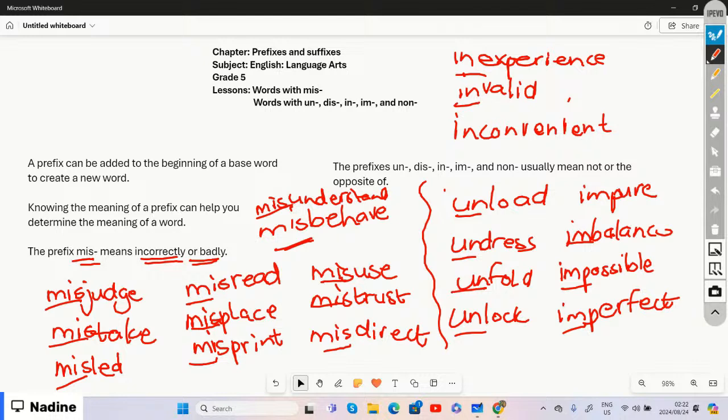That is but a few examples of words with these prefixes.